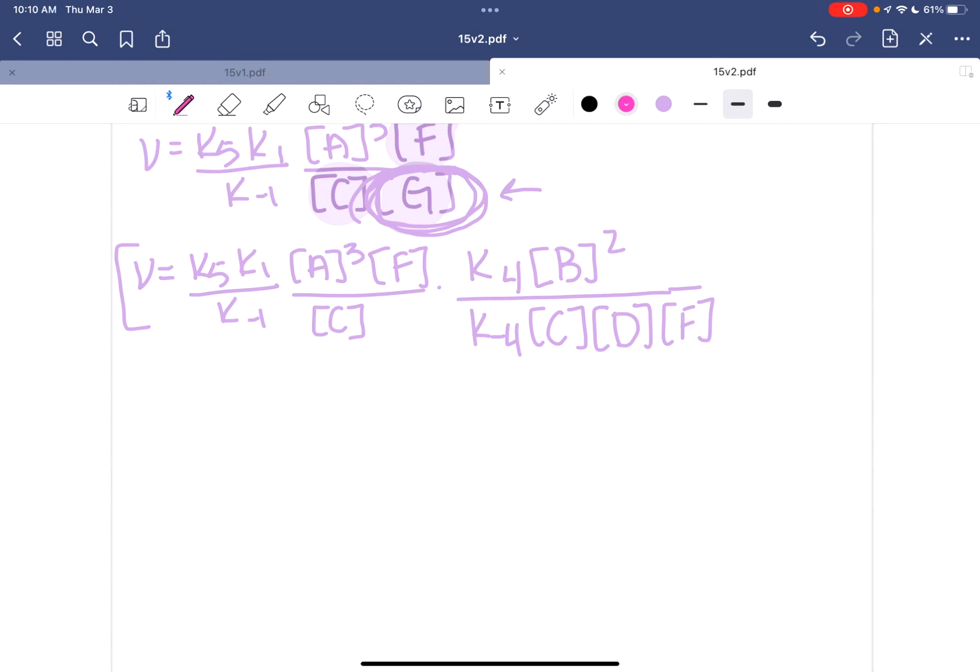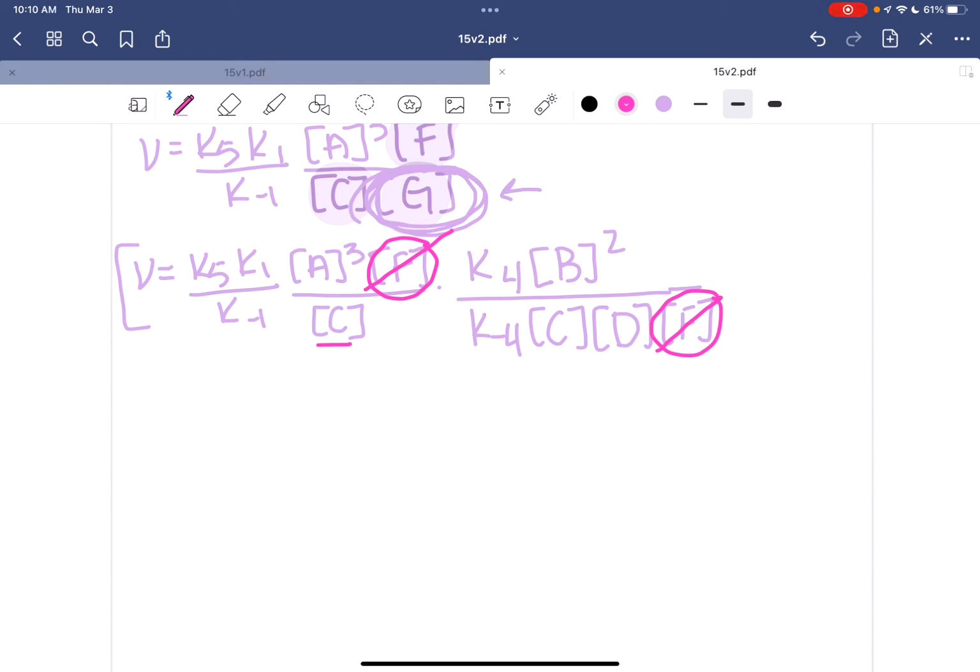And we can actually. F appears on the top and bottom of our fraction because everything here is multiplied. So we can actually cancel out the concentration of F on both the top and bottom.